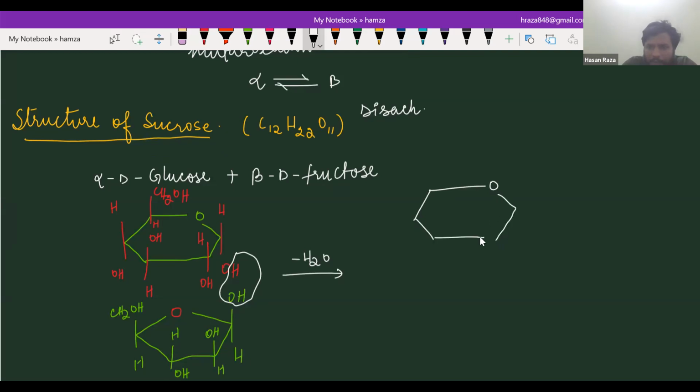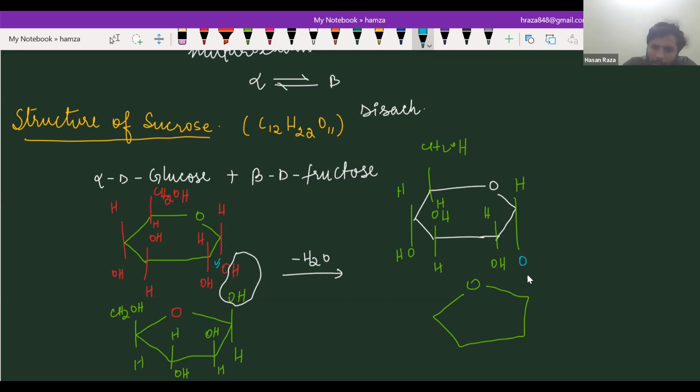How will they combine? I'm going to show. Very easy it is. You can see like this. There will be H, and then the rest part will be the same, H, CH2OH, and then HOH, and then HOH, and then OH, H. Only oxygen will be left, and there will be a bond between these two.